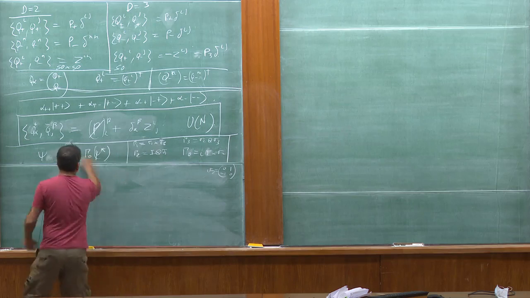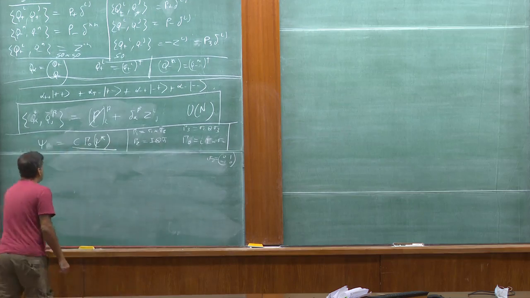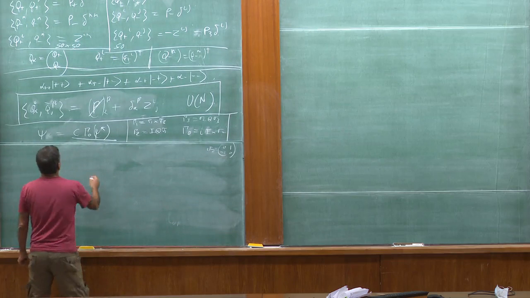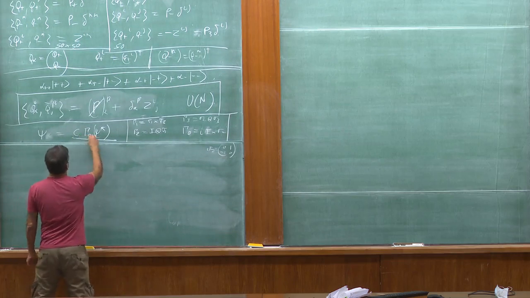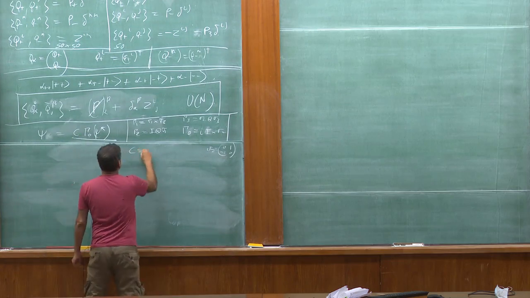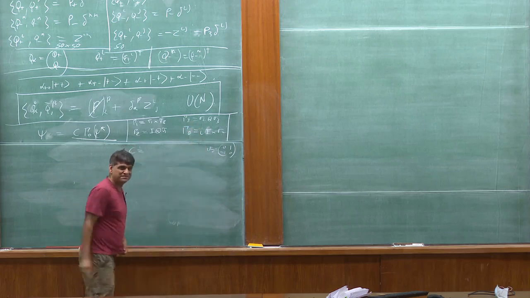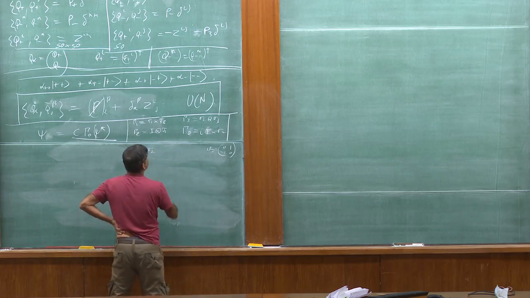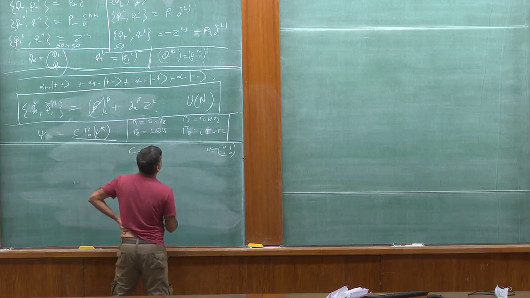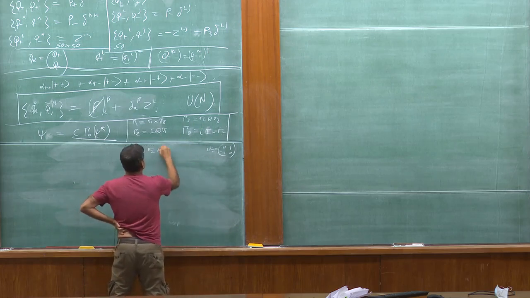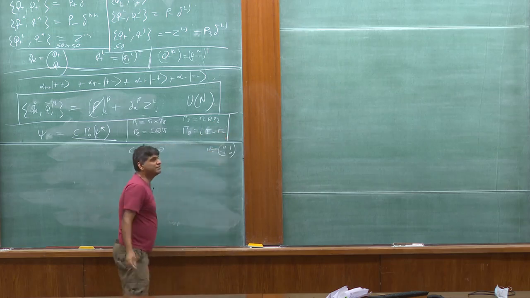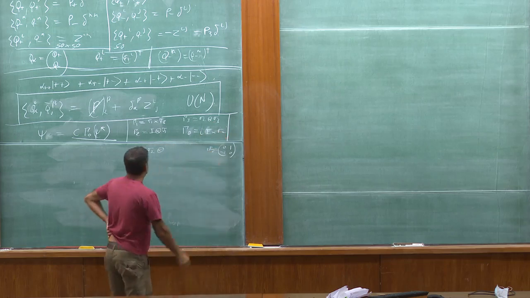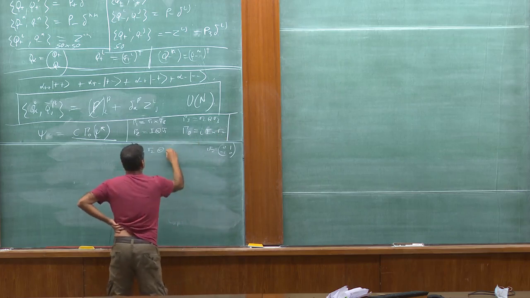Okay, so we want to work out this equation here. So what is C times gamma, and what was C? C was equal to the product of these two. So it was equal to sigma 2 times sigma 3 times sigma 2, which is minus i times sigma 1. Minus i times sigma 1 with an i goes away, so sigma 1.